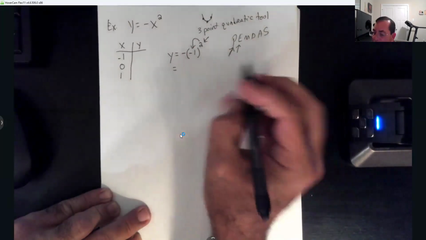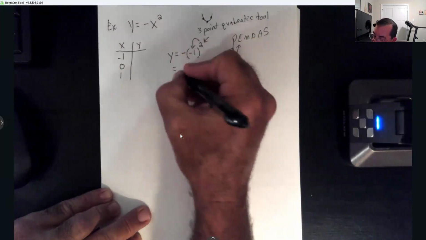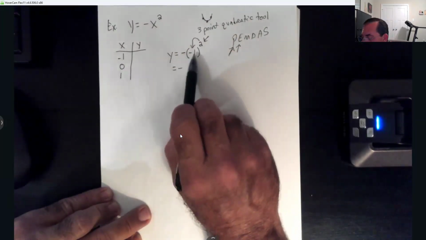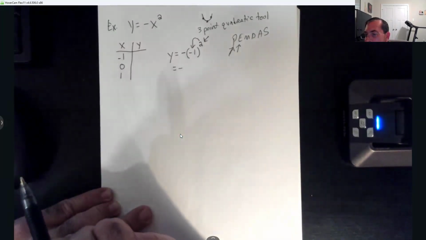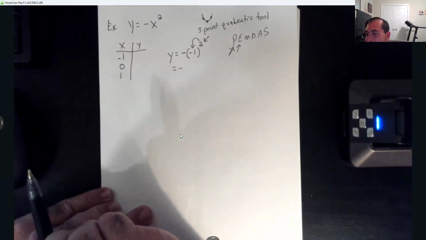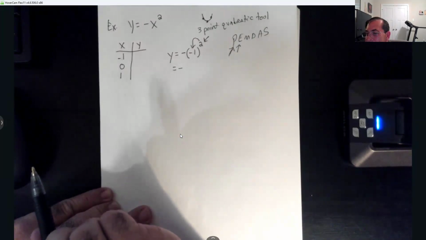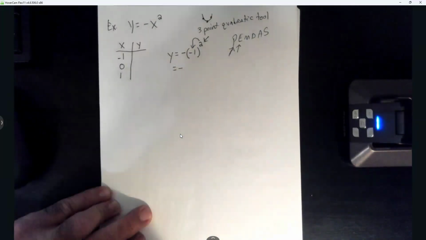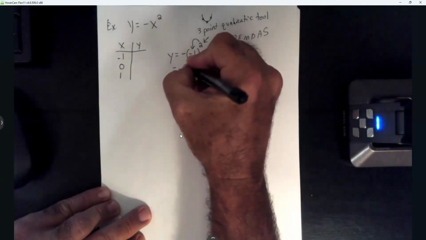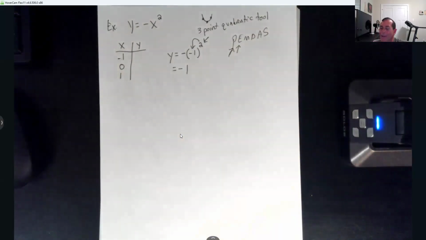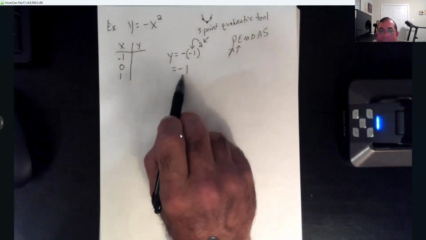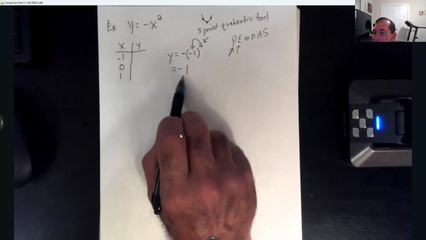So my first step, I'm going to bring this negative down. So y'all, what is a -1 squared equal? Right, -1 times -1 is +1. But y'all, since there was a negative in front, it actually keeps my answer negative.